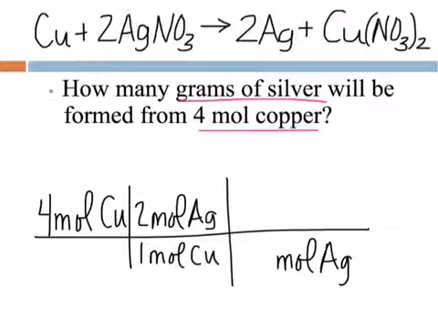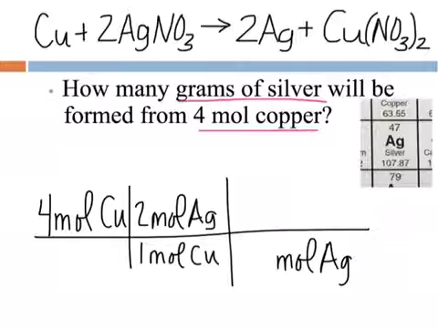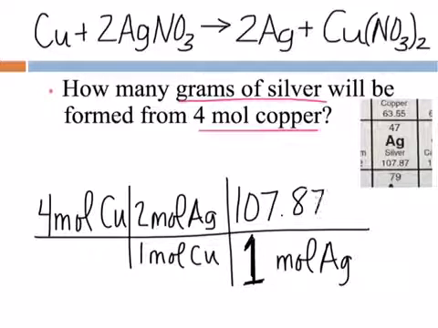Periodic table, right? So I go to my periodic table, I look up silver, and I find out its molar mass. So for every 1 mole of silver, there is 107.87 grams of silver, and I got that right from the mass from the periodic table.